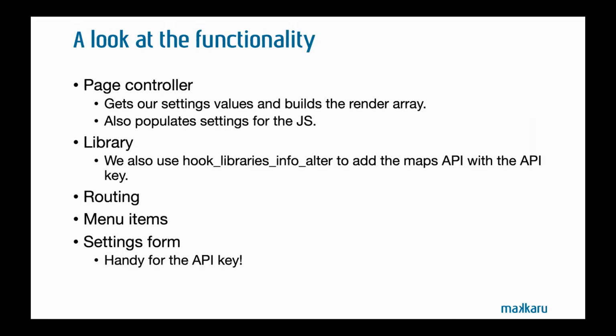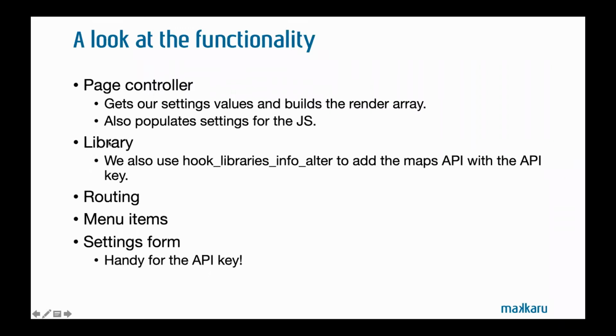Okay, so let's give you a quick summary of where the functionality is coming from. Firstly, we will have a page controller, which will get our settings values and build out the render array for our page, and it'll also populate settings for our JavaScript.